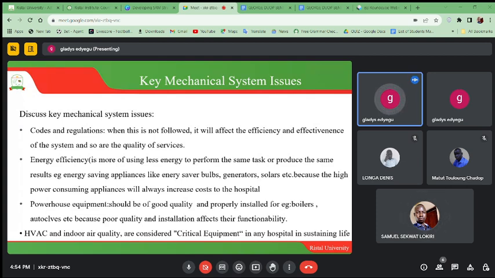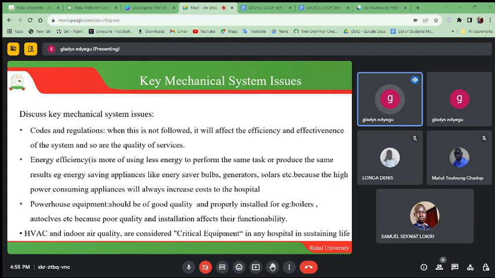Even generators are one of them, whereby we can install generators in our different facilities, and they are able to serve the same purpose as we can use electricity. Then solar panels, people use solars, and the solars can also do us good, so that we have energy efficiency without eliminating or affecting the service provision.